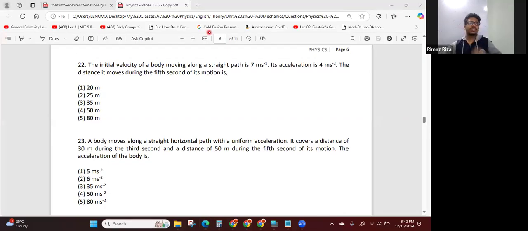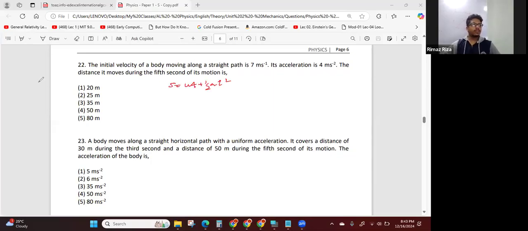So here we can see initial velocity is given and acceleration is given. The distance is moved during the 5 seconds of its motion. So for this, what is the equation we can use? We can use this equation: s equals ut plus half at square.